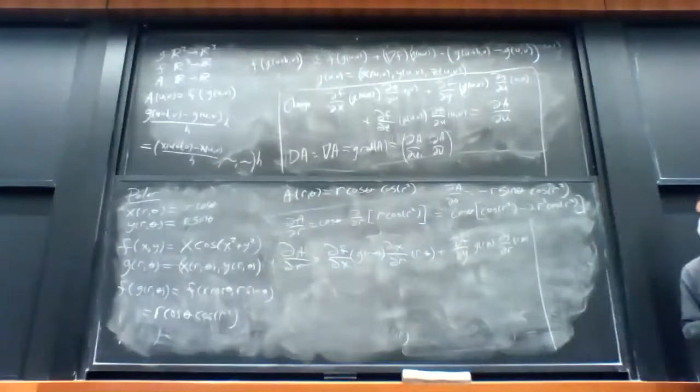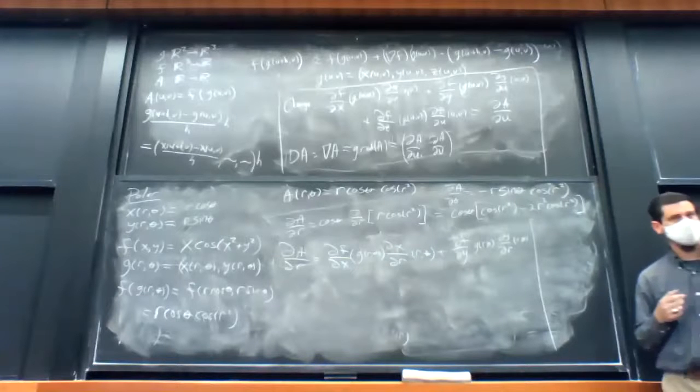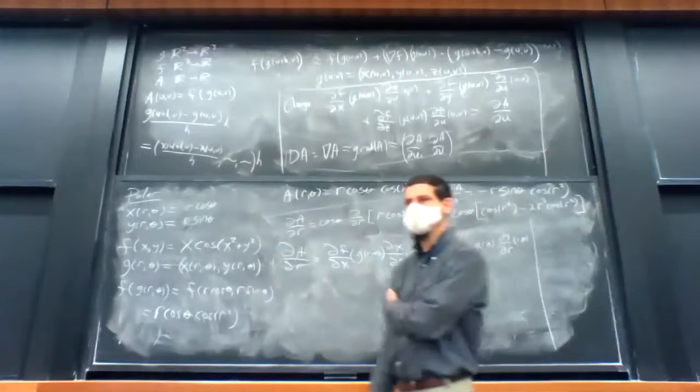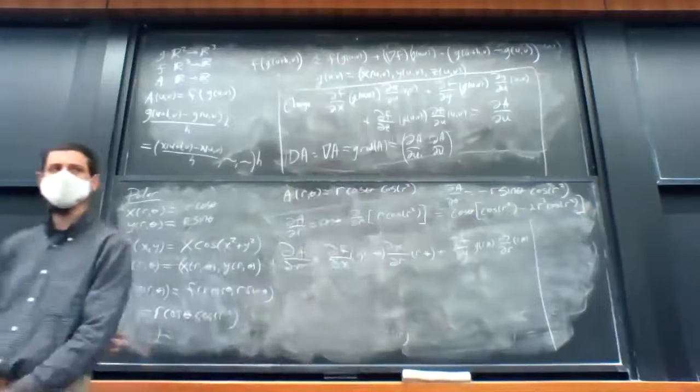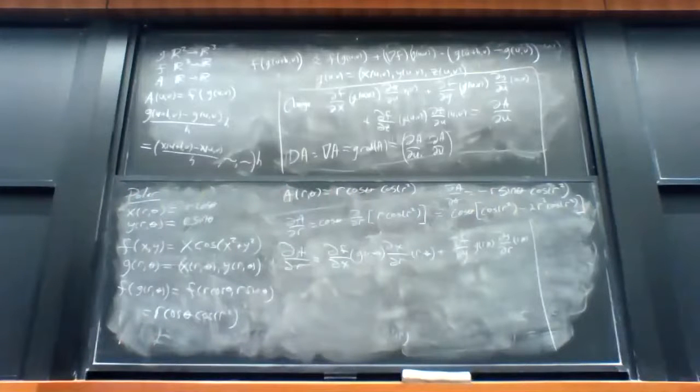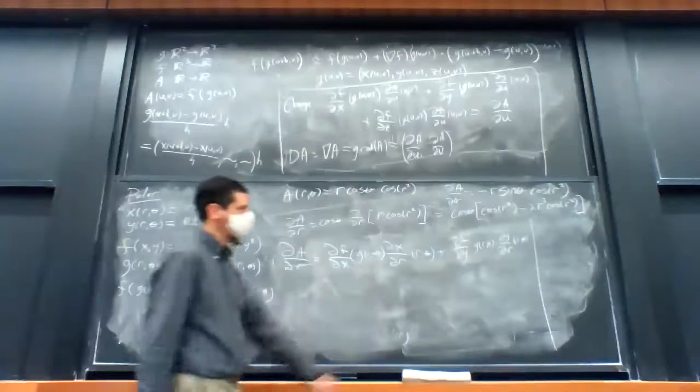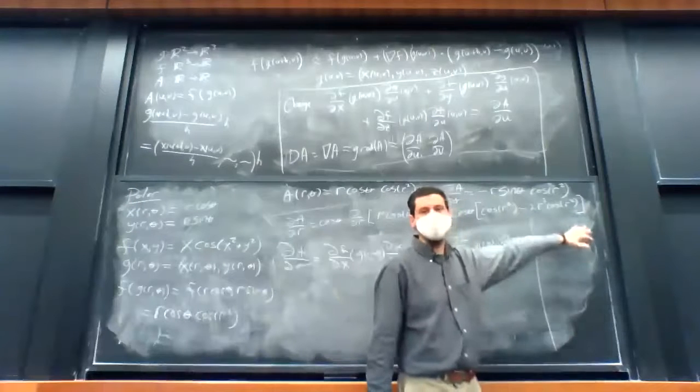Do we agree that that is the derivative of A with respect to R? And now we have to substitute. So there are 4 things we need to find. In order to try to keep as much on the blackboard, I will just write some of the derivatives over here in this beautiful rectangular box.